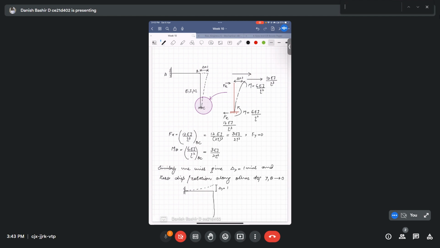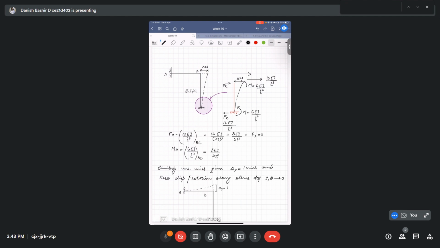We have a frame from this side. So again, along the y direction we will have the axial stiffness of member BC, but we have to neglect that as it's already mentioned in the question. So it will get elongated like this.